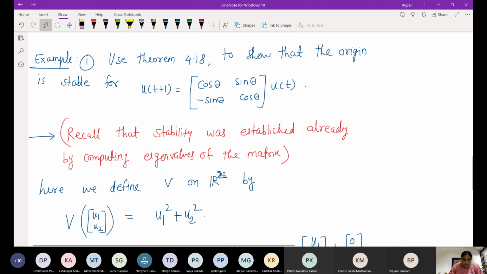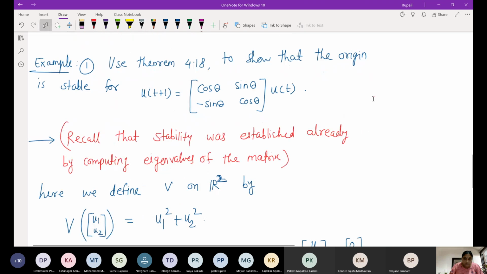F at U is nothing but the matrix cos theta, sin theta, minus sin theta, cos theta, and U is my U1, U2. It is a 2 by 2 matrix times a vector.